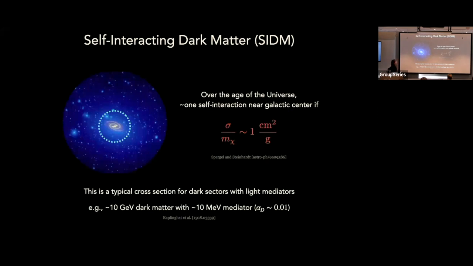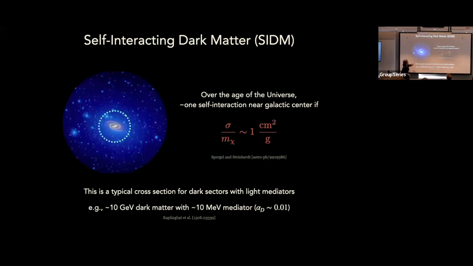Okay, so the self-interacting picture was actually first proposed in this paper by Spergel and Steinhardt. The basic idea underpinning that paper is very simple: you can ask, if I allow the dark matter to interact with itself, and I want it to be relevant on galactic scales, then what kinds of interaction cross-sections do I need?